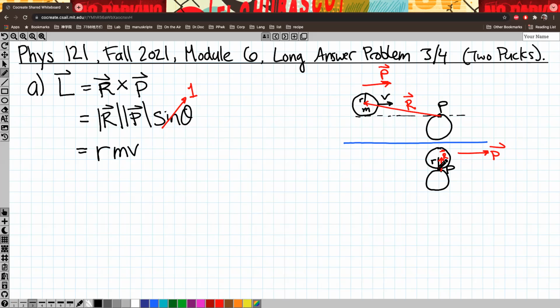Around that pivot point P, there is a vector tangential to it, and that vector p has a magnitude of mv, and it's a distance r away from the pivot point P. So there's angular momentum even though nothing's rotating or rolling.